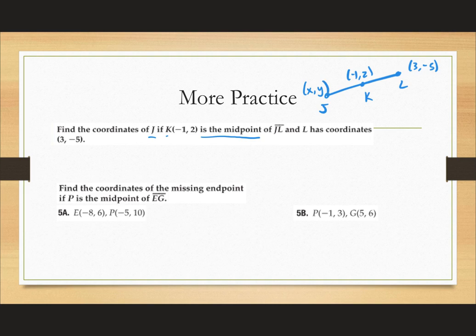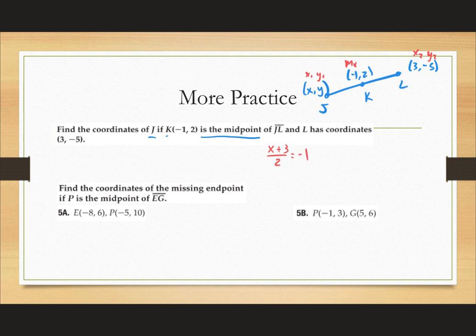The way you solve this is the same way you solve the other ones, only you're going for a missing piece. Instead of looking for the midpoint, you're looking for the x coordinate. So you label them like always. This is x1, this is y1, x2, y2. And this is my midpoint x. So I'm going to take that equation, and I have x plus 3 divided by 2 is equal to negative 1.